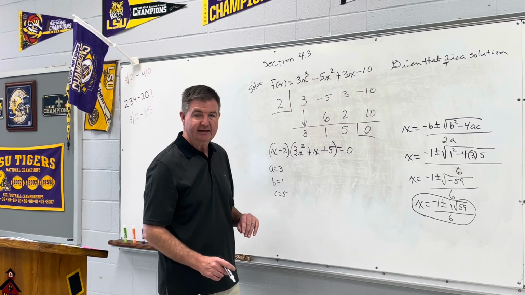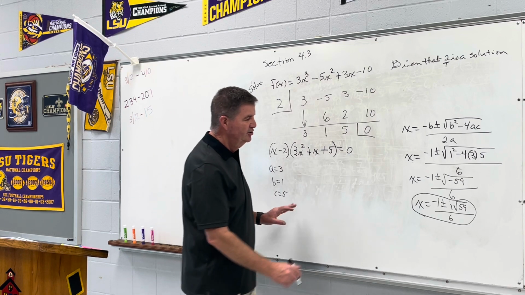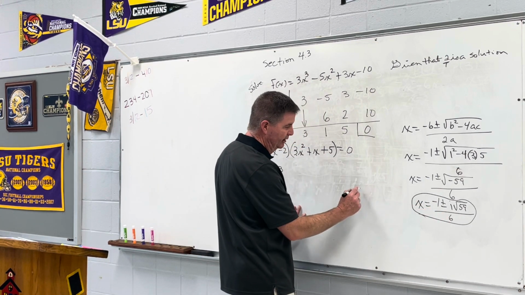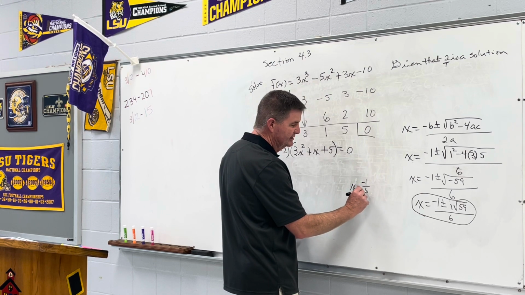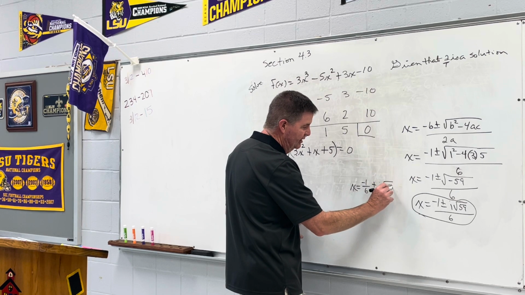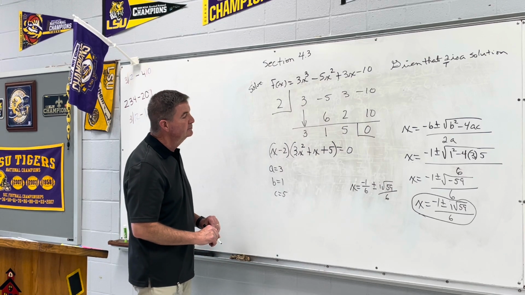But I think that when you're doing the Math Excel or the Cengage, you must split the denominator up. So it would be x equals negative 1/6 plus or minus i square root of 59 over 6. I think that's the way they have it.